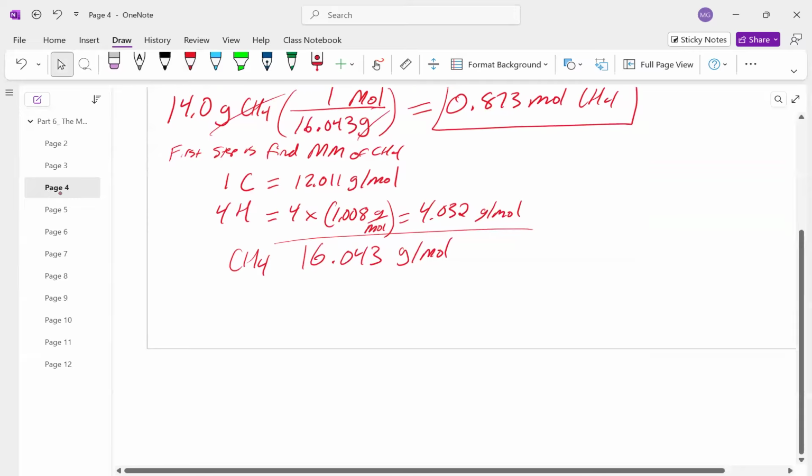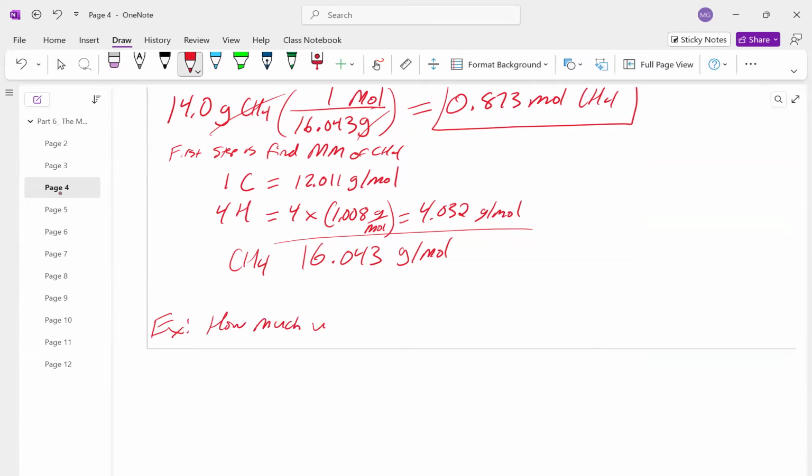Okay, let's do another example. How much water should I weigh out to get 2.20 moles of water?